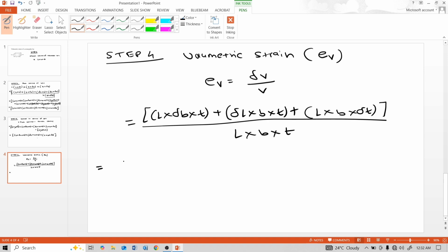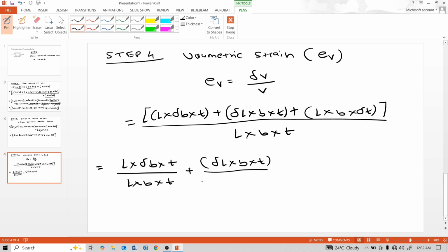Calculate it mathematically: L into delta B into T divided by L into B into T plus delta L into B into T divided by L into B into T.